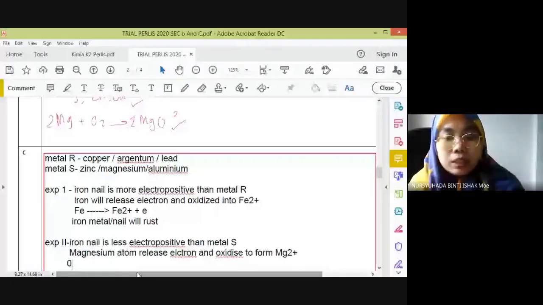So, half equation untuk dia: oksigen plus 2H2O plus 4e, and then the product adalah 4OH minus. Okay, markah ketiga, dan markah yang terakhir, yang mana will oxidize? Magnesium metal will oxidize.